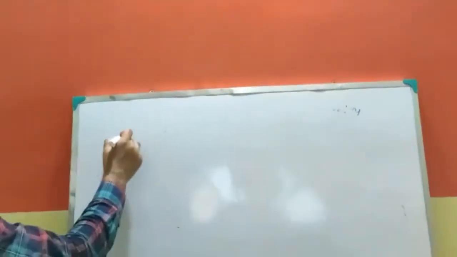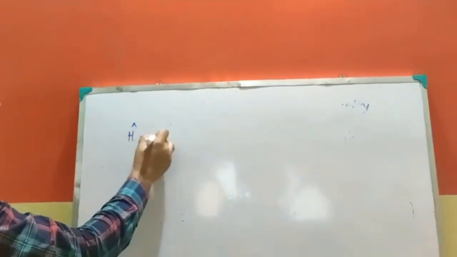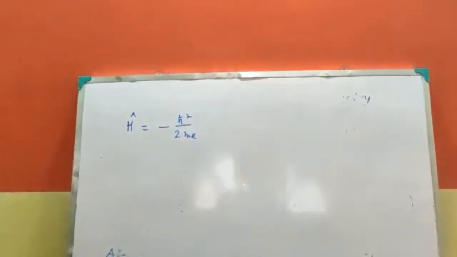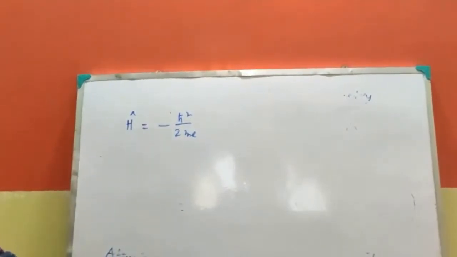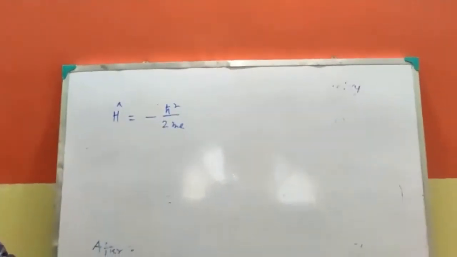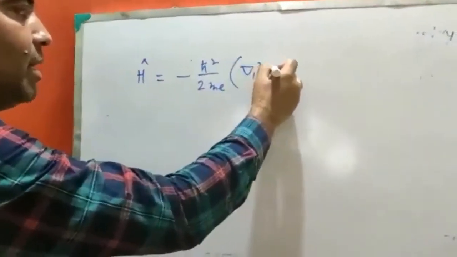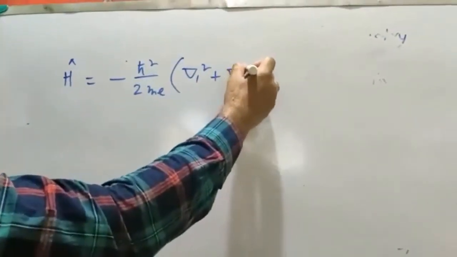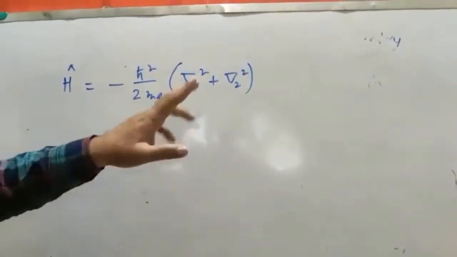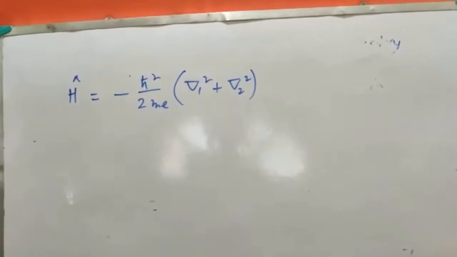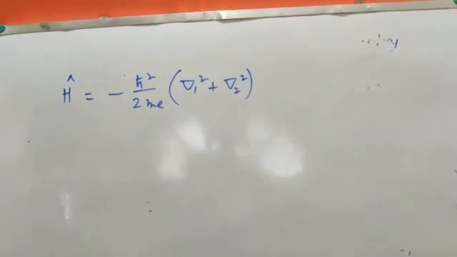which takes the form like H operator is basically now minus ħ² by 2me (del 1 square plus del 2 square). These are the two kinetic energy parts of the electrons, and there is the potential energy part.